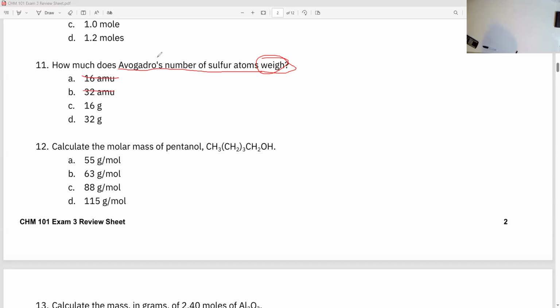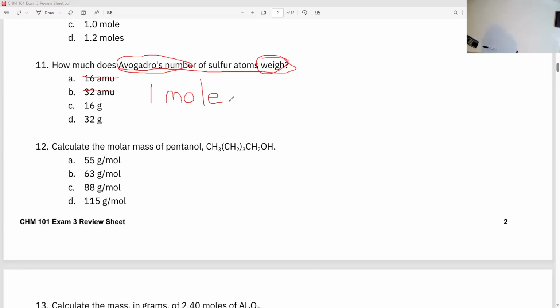The second part of this question is knowing what the definition of Avogadro's number is. I'm going to write in my very chaotic mouse handwriting, but Avogadro's number is equal to 1 mole. And our molar mass units are listed in grams per 1 mole. So if I'm looking for Avogadro's number of sulfur atoms, that means I'm looking for 1 mole of sulfur atoms.